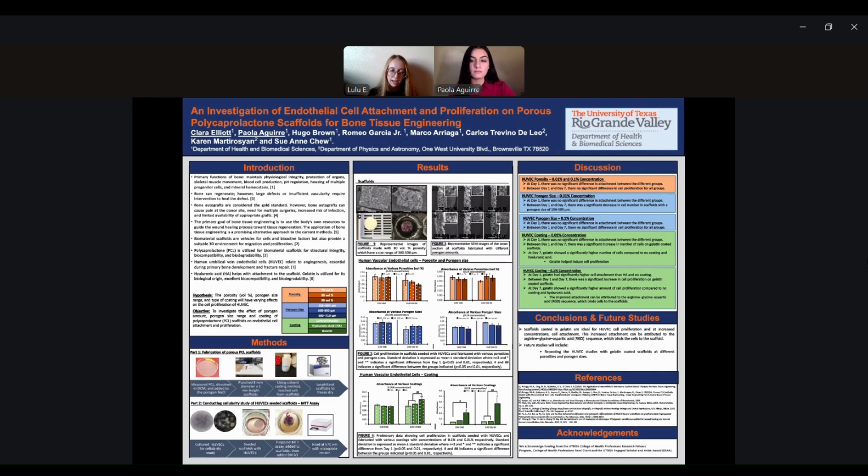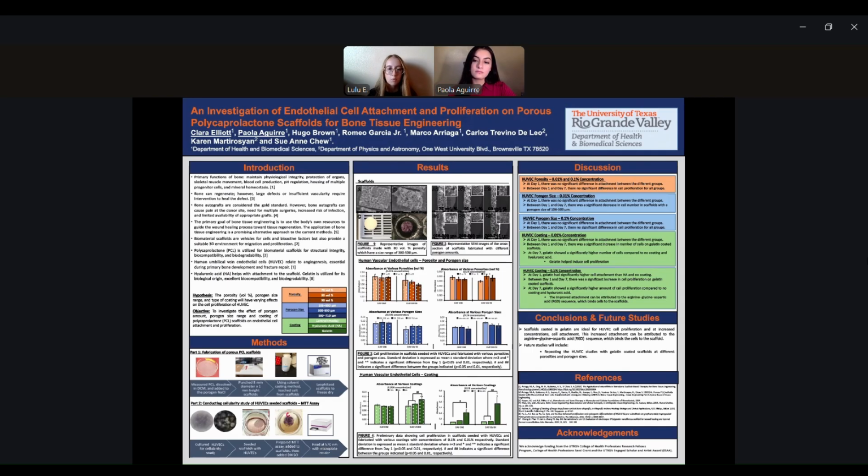What this tells us is that something in the gelatin is allowing the Huvic cells to more easily attach. And what it actually is, is that gelatin has something called the RGD sequence. This sequence is able to more easily bind to the integrins found on the surface of Huvic cells, allowing for easier attachment and ultimately higher cell populations at a later date.